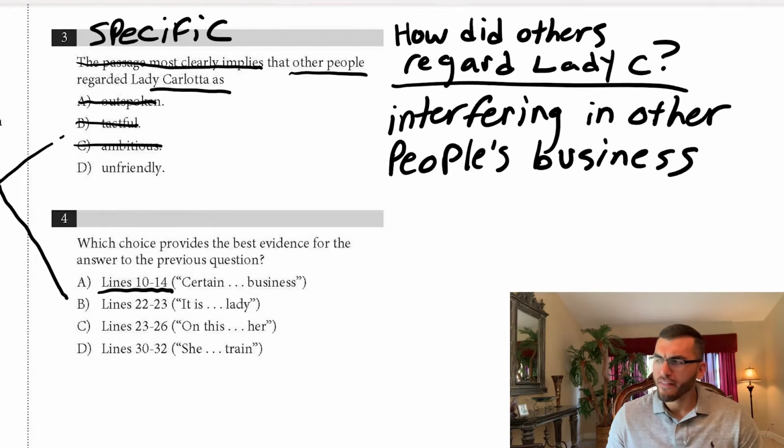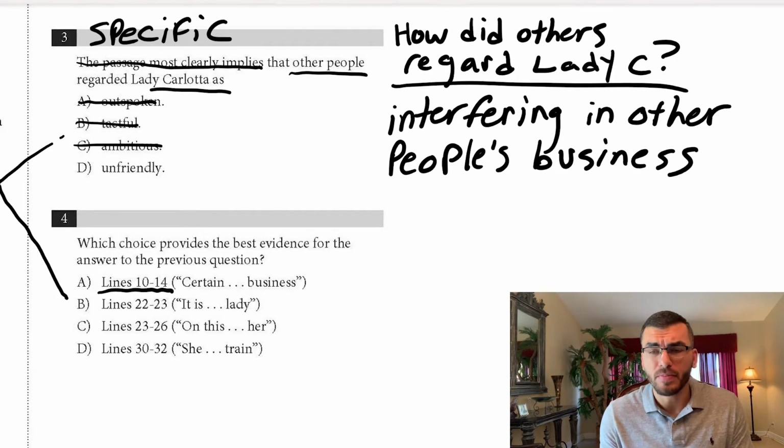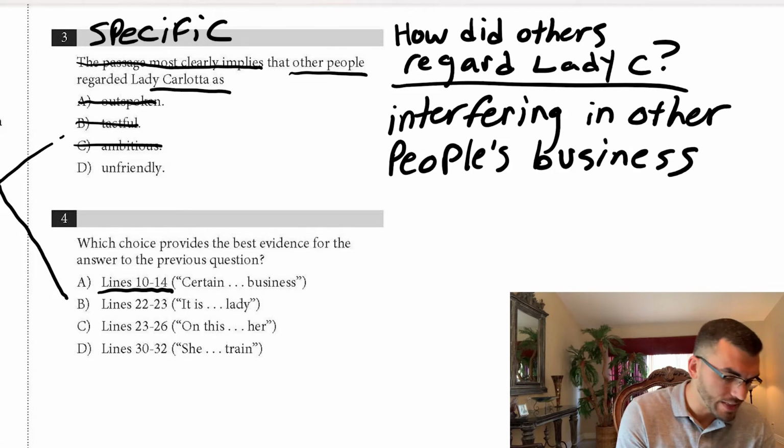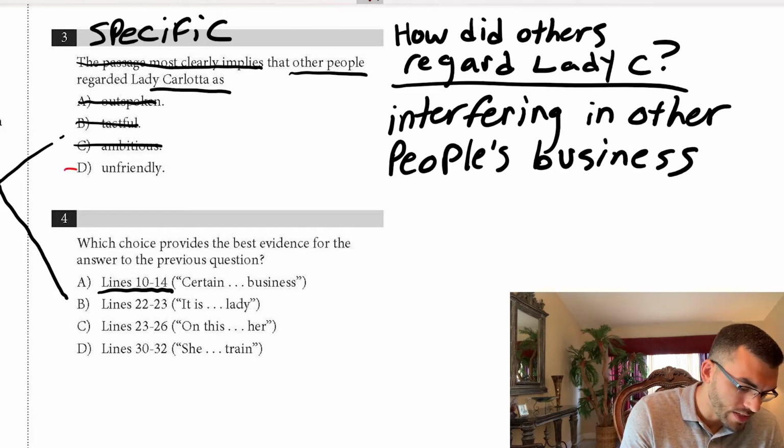Unfriendly? If you're interfering in other people's business, then you're more friendly than not, because unfriendly means that you don't like to talk to people. You don't go up to people. If you're unfriendly, you're going to shy away from people. You're definitely not going to be putting yourself in other people's business. So unfriendly is incorrect.